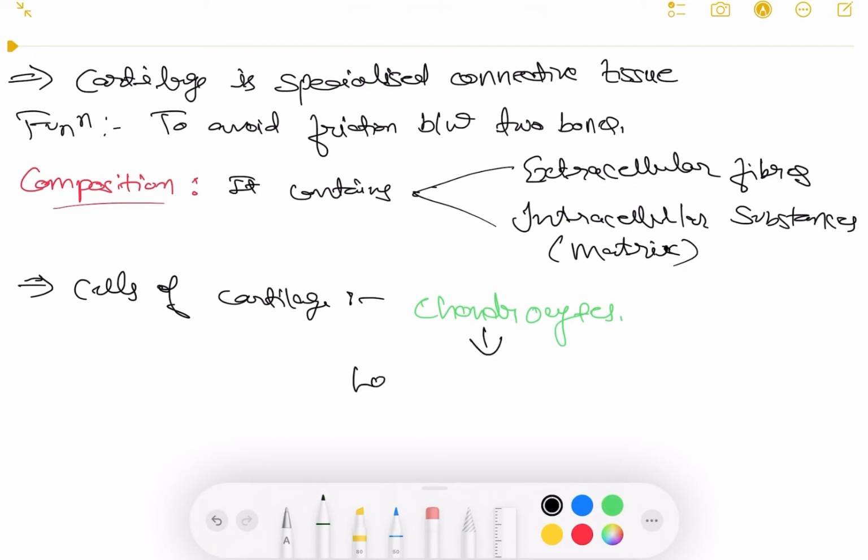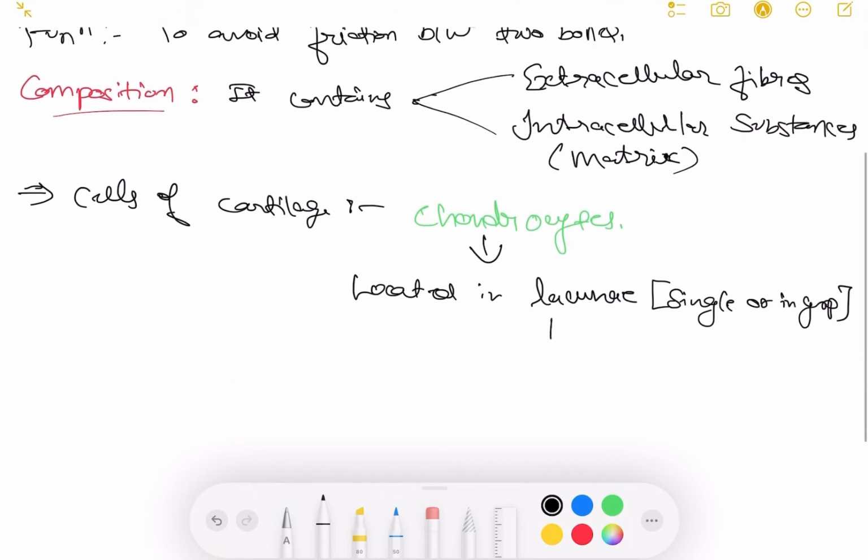The cells are located in lacunae, that is small spaces between the intercellular matrix. Where they are located? In lacunae. Lacunae might be single or in group. It depends upon the type of cells.